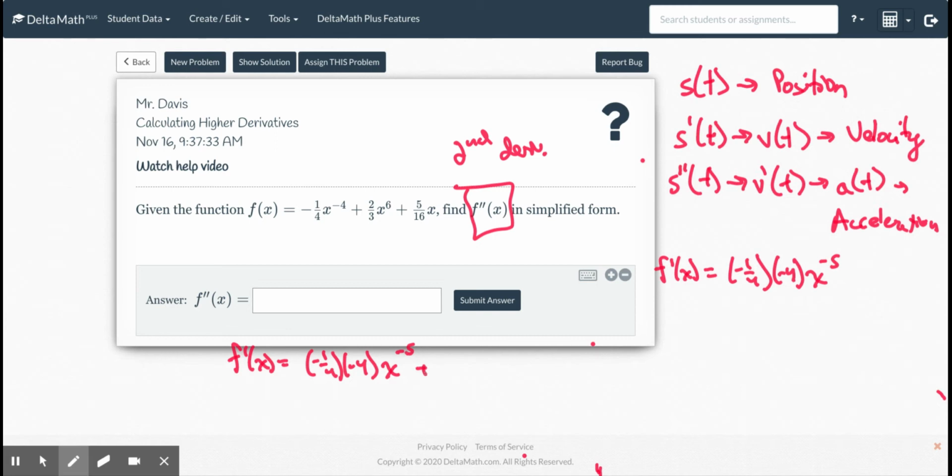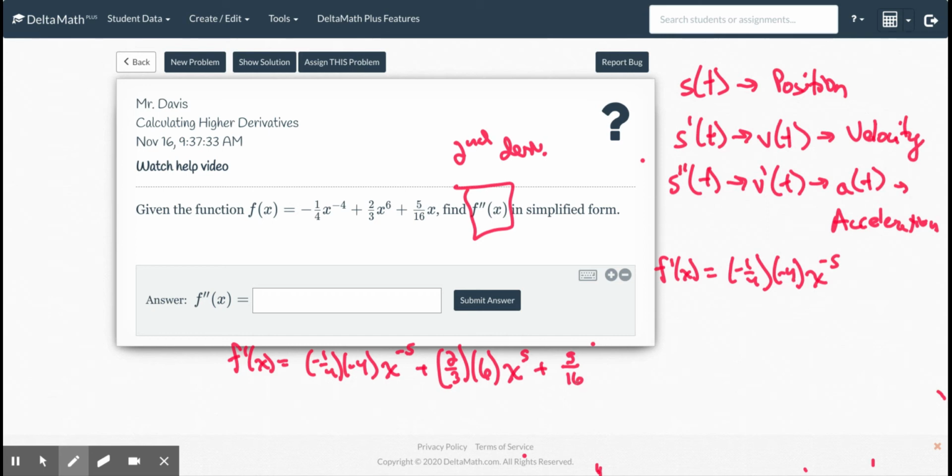Plus, we're going to bring the 6 down in front and multiply. So 2/3 times 6, x to the, subtract 1, so that would be 5th power. And then plus, and now we have 5/16 x. Well, we bring down the 1 power, multiply, and then the x actually just goes away. So the derivative of that is just 5/16.